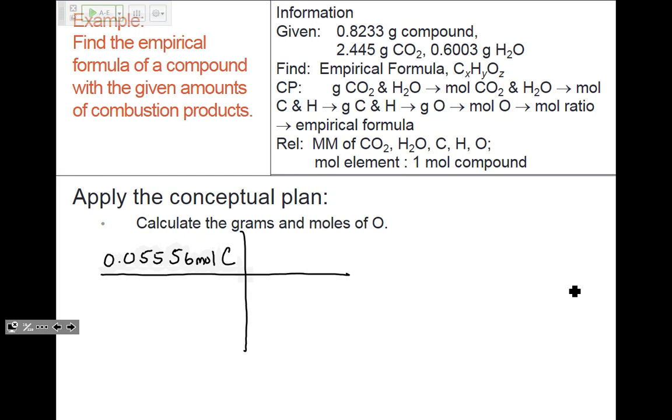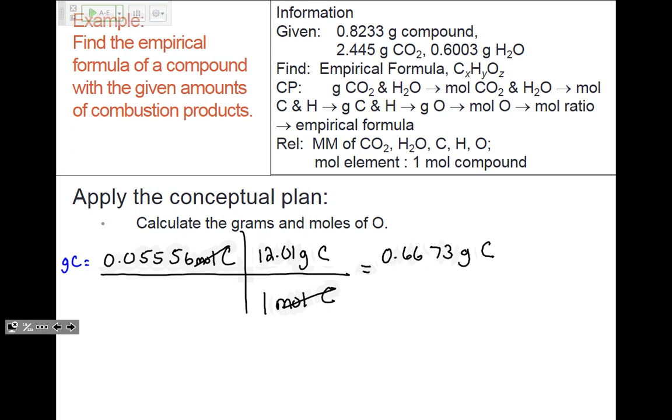We know our molar mass of carbon from the periodic table is 12.01 for every 1 mole of carbon. So we can do that conversion.